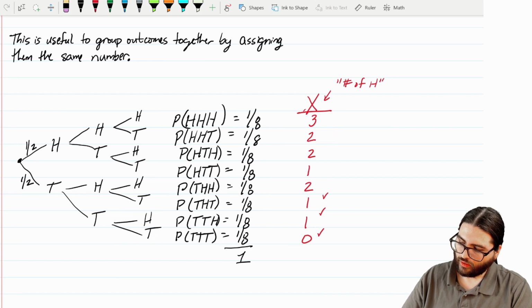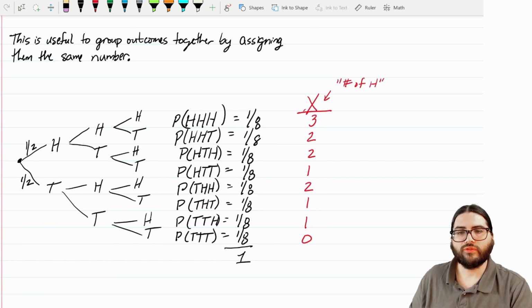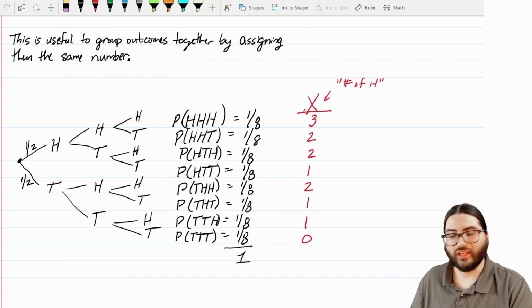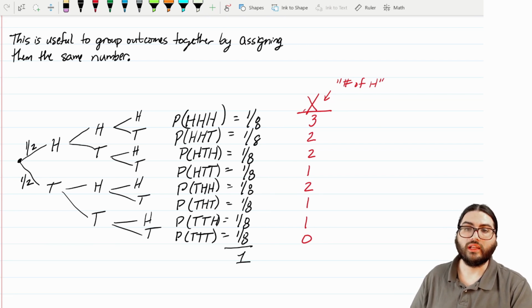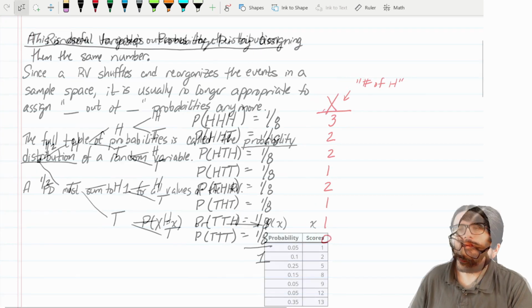And so there are 4 different values this random variable can take. And these are not equally likely. Even though each of the outcomes is 1/8 equally likely to appear, the values of the random variable are not equally likely to appear. We'll talk about that in just a moment.